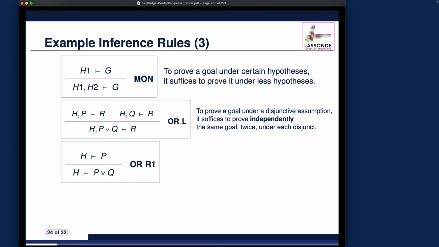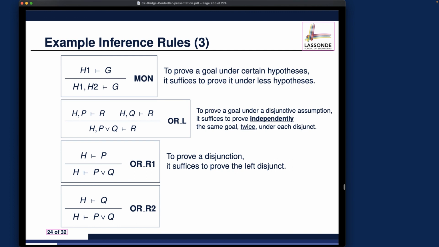If the goal is to prove some disjunction, meaning that we want to prove that either this is true or this is true, it makes sense. It would be sufficient if we only prove one of them. In order to prove that a disjunctive goal is true under certain hypotheses, it would be sufficient to prove, under the same hypotheses, that the left disjunctive goal is true.